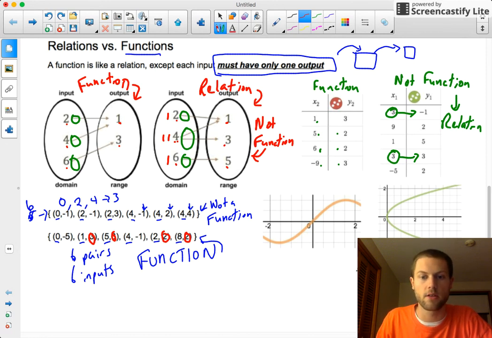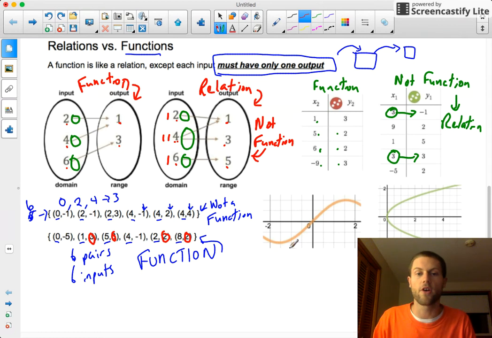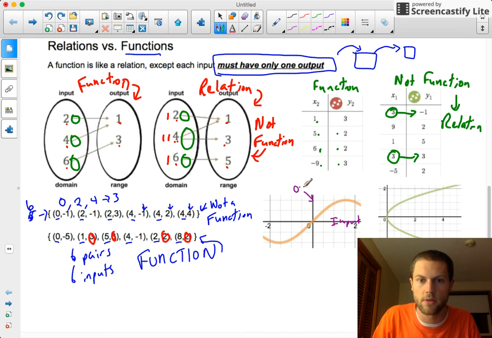And then finally, to distinguish in a graph whether you have a function or not a function, what you're going to look at is, again, each input must have only one output. And what's going to key us into that for our graphs? Remember, the input is your x values, and the output is your y values.